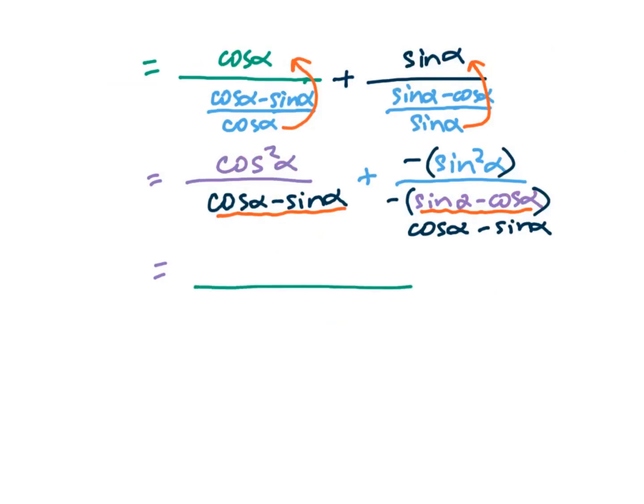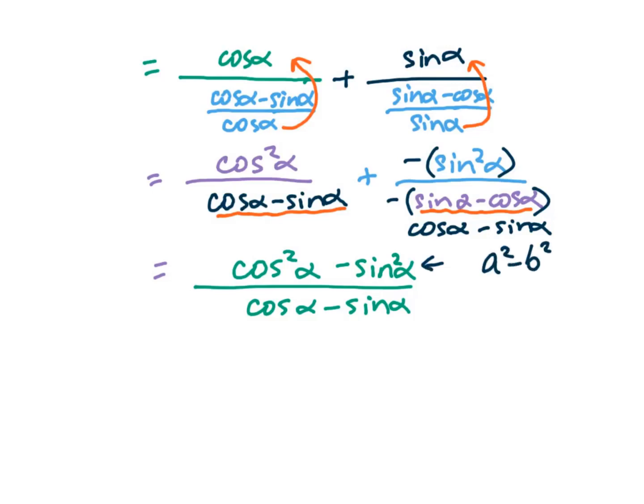Therefore, I got cosine alpha minus sine alpha in the denominator. Look at the top. I got cosine square alpha minus sine square alpha. For this part, that's factoring a squared minus b squared, which I can write as a plus b times a minus b.